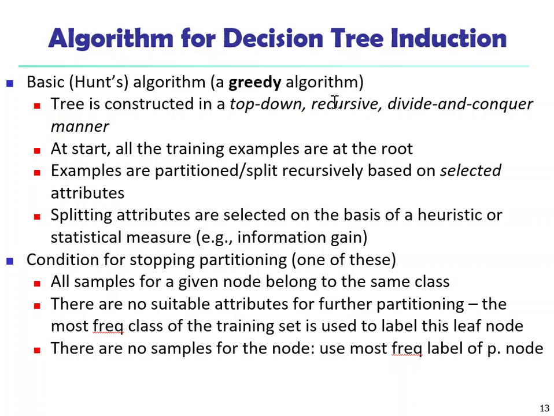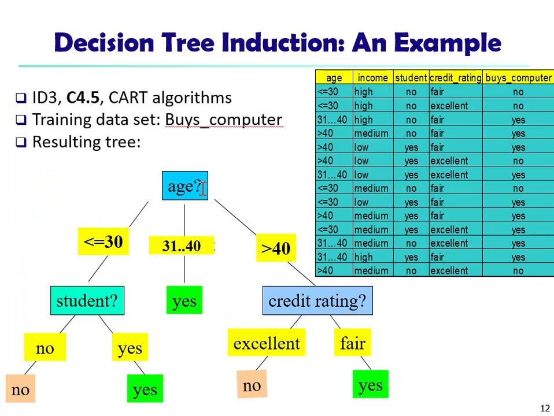What does recursive mean? Recursive basically means divide and conquer. We do similar steps repeatedly, and at every step our problem becomes smaller. At this step, this is the root, and we have all our training examples here. Then at each step, when we move down, at every node we decide what attribute we're going to evaluate.